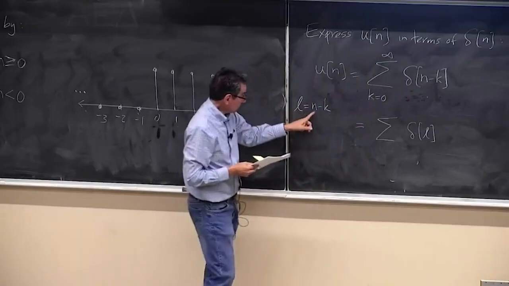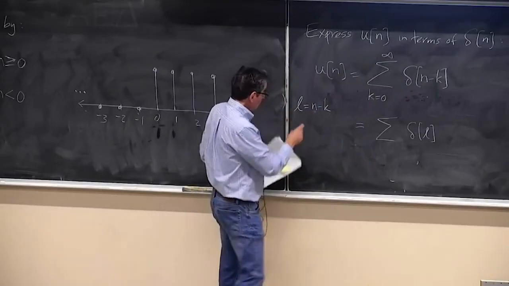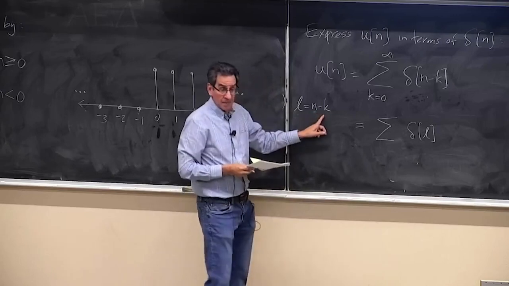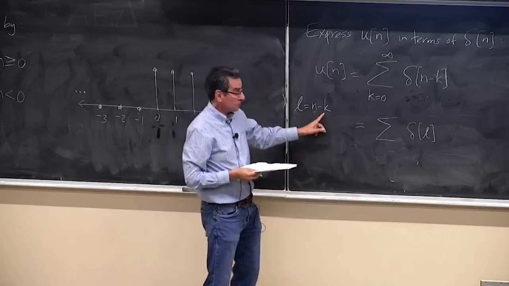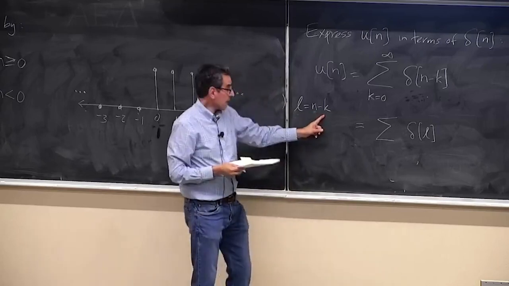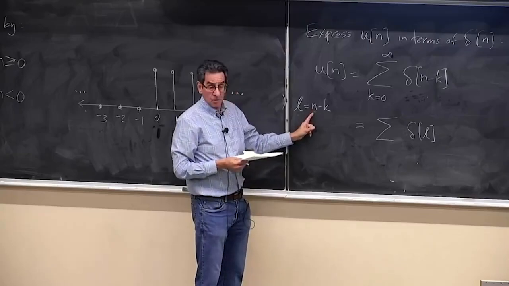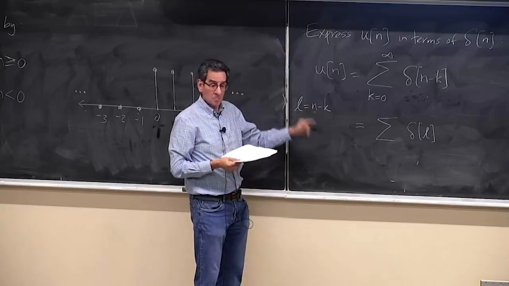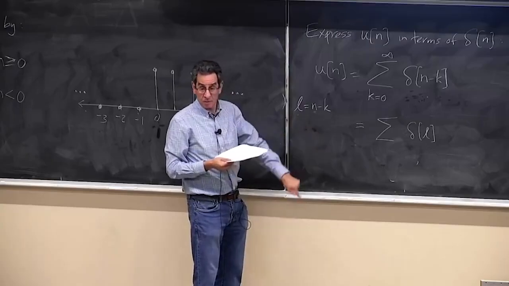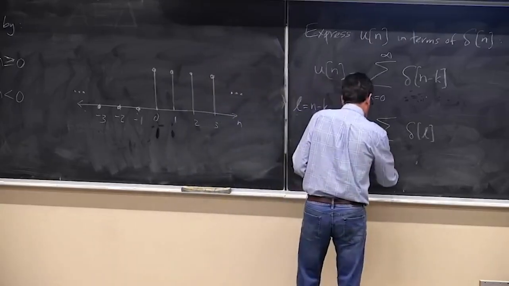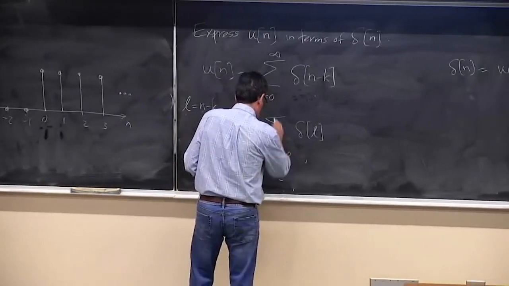When k is 0, L is equal to n. When k is 1, L is equal to n minus 1, and then n minus 2, all the way to n minus infinity. So my L value is actually going to run from minus infinity up to n.